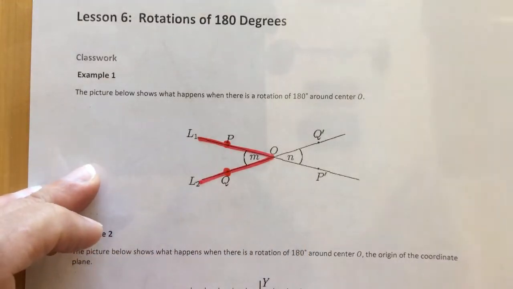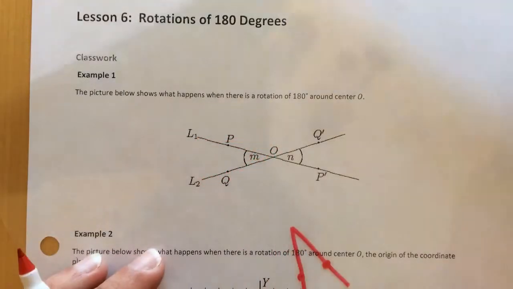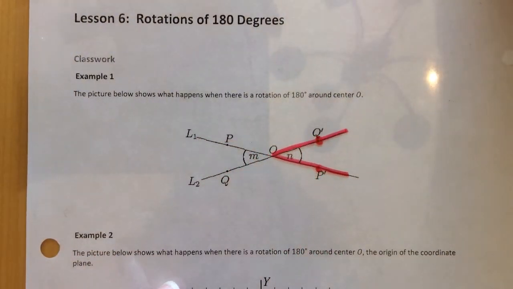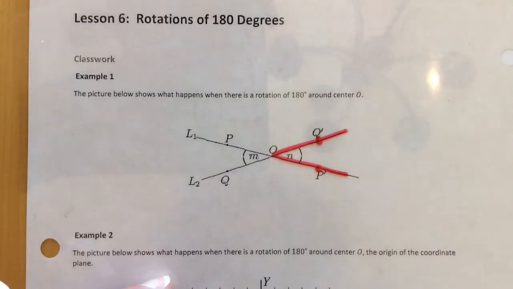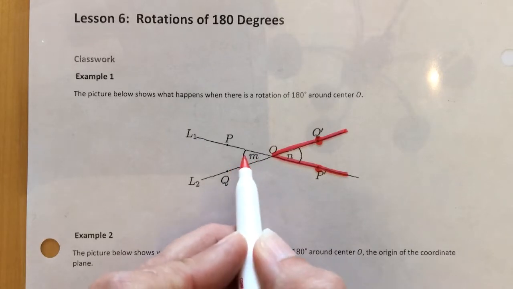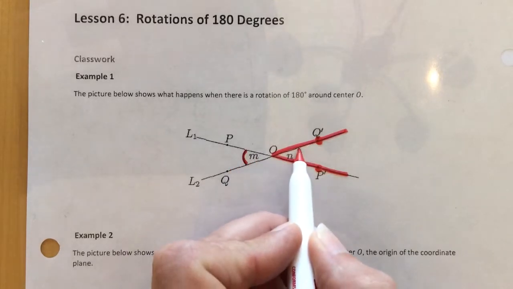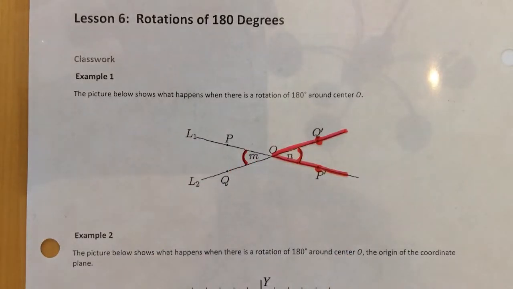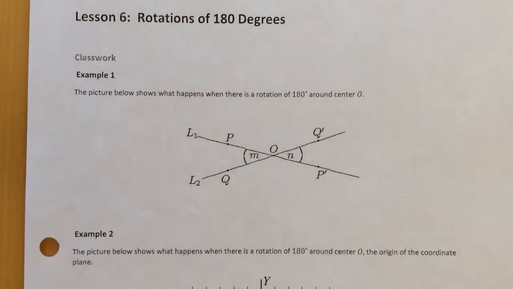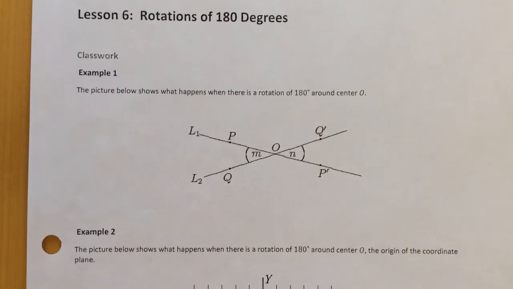When I do that, because I know that those points are going to end up on the lines over here, I know, because angle measures are preserved in a rotation, that this angle must equal that angle. So vertical angles can be proven to be equal in other ways, but rotation is a really quick, slick way of proving it as well.